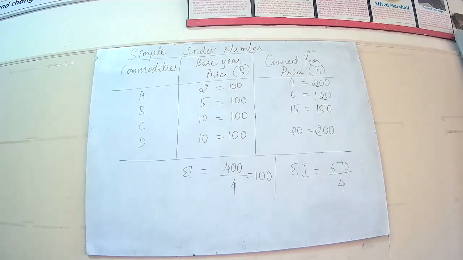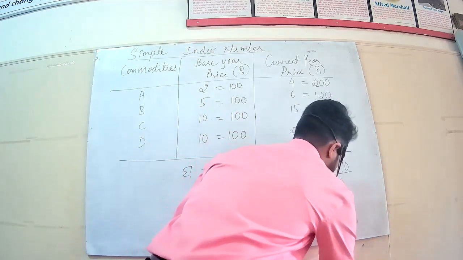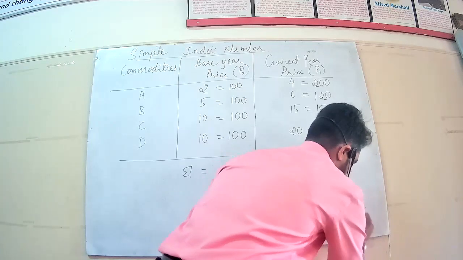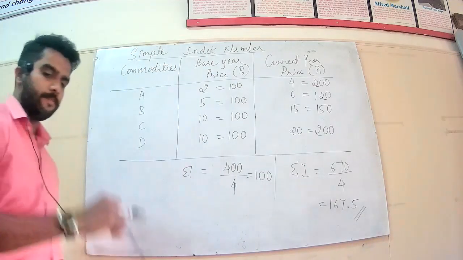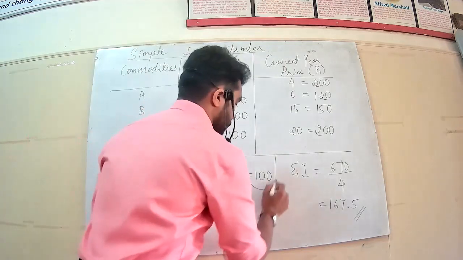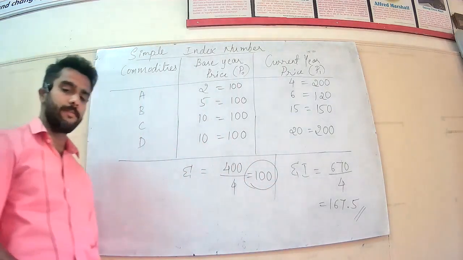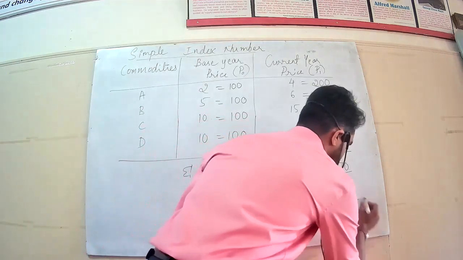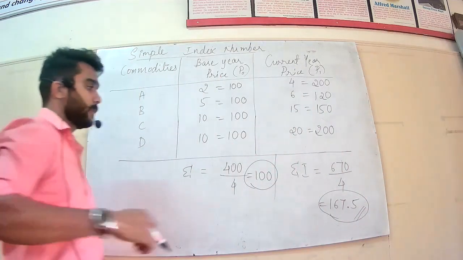By doing 670 divided by 4, you will get 167.5. So in the base year, you get the index number as 100, and in the current year, you get the index number 167.5.